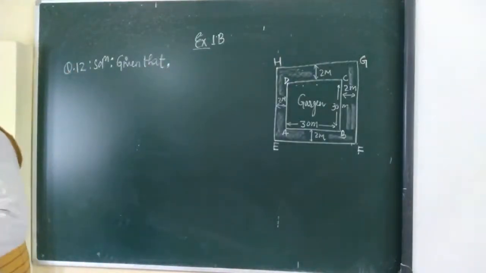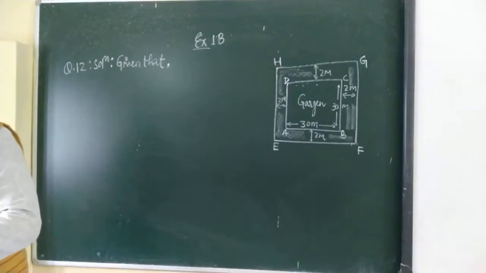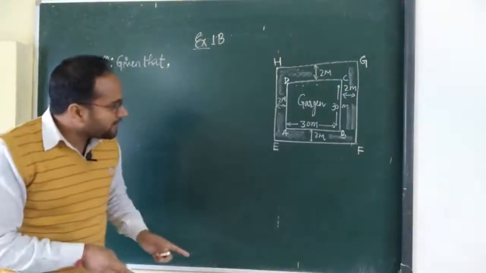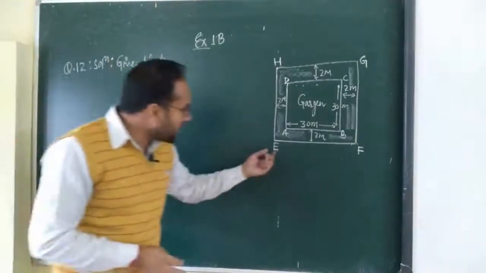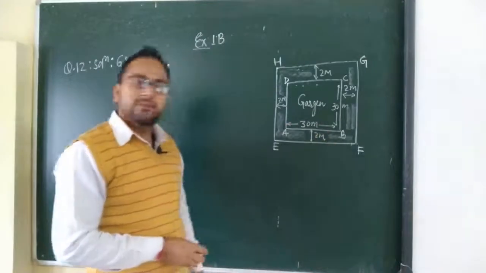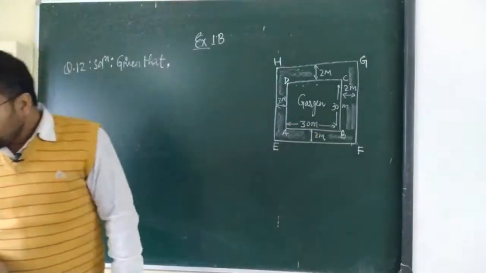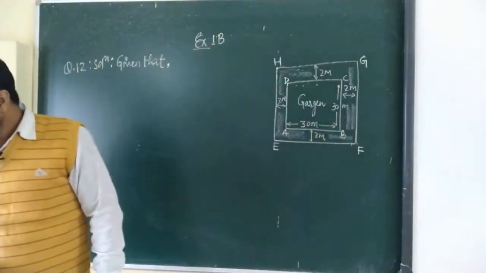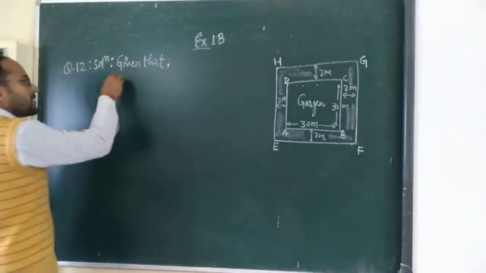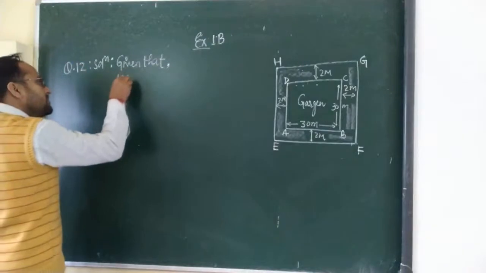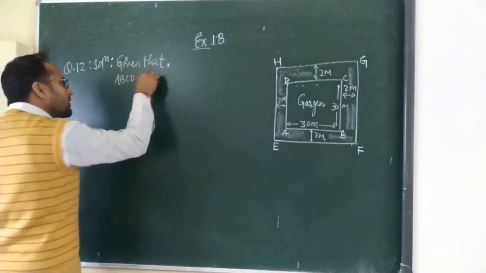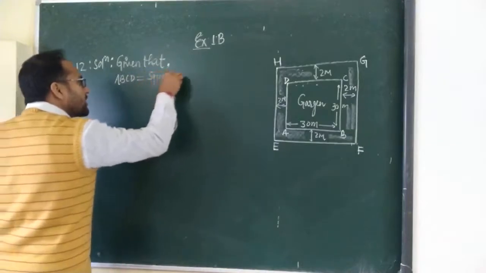A, B, C, D is that square garden, and E, F, G, H is that square region including the 2 meter wide path. So in the figure, A, B, C, D is the square garden.